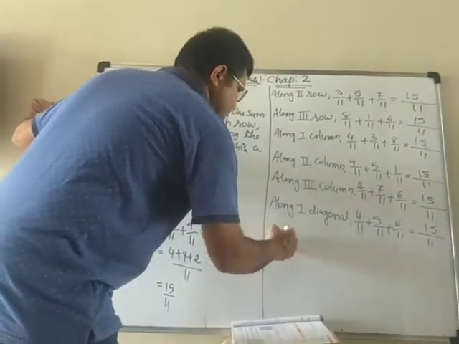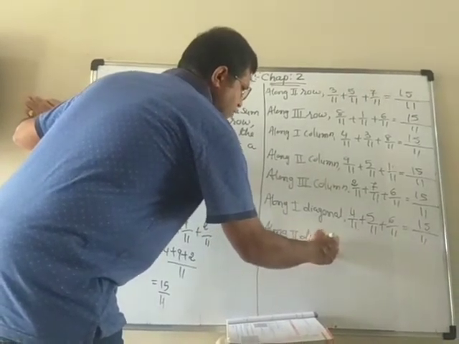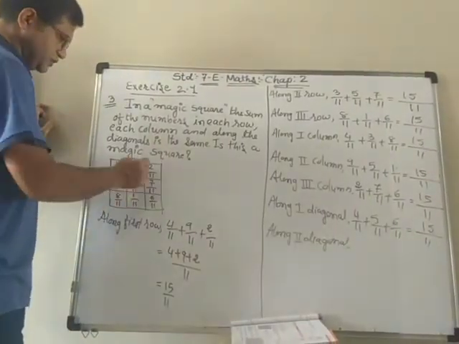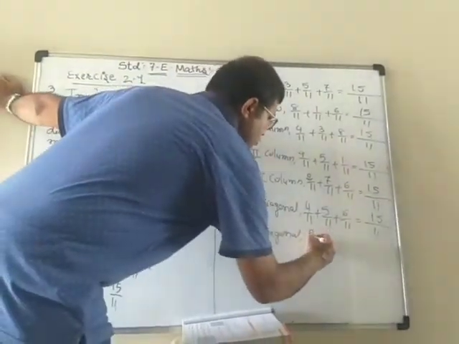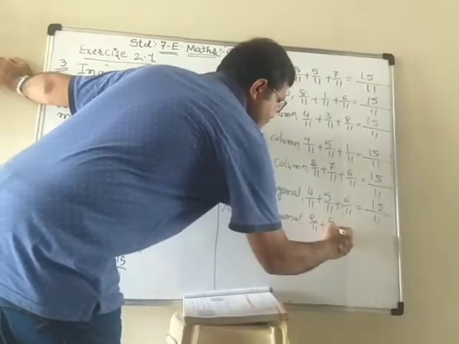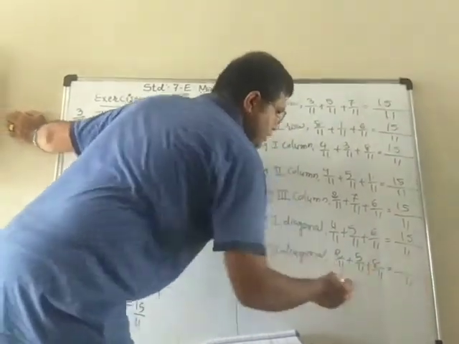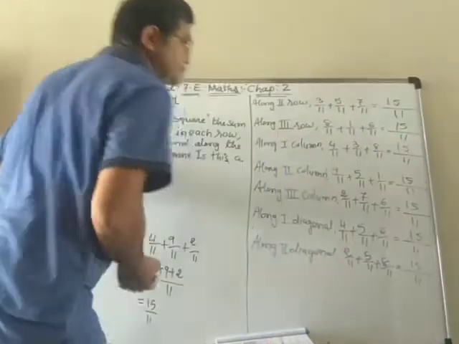And last, along the second diagonal, this one, 2 upon 11, 5 upon 11 and 8 upon 11. 2 upon 11 plus 5 upon 11 plus 8 upon 11. 8 plus 2, 10, 10 plus 5, 15.